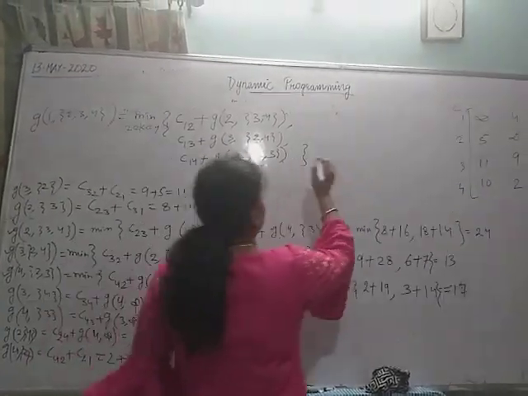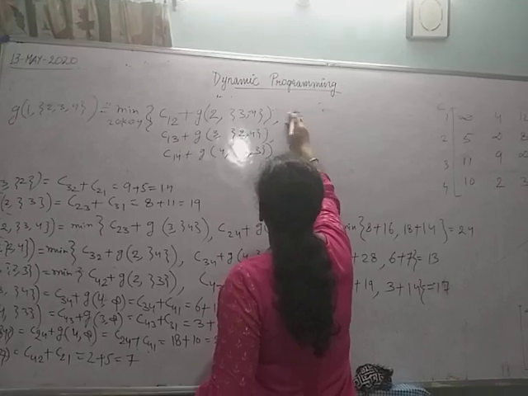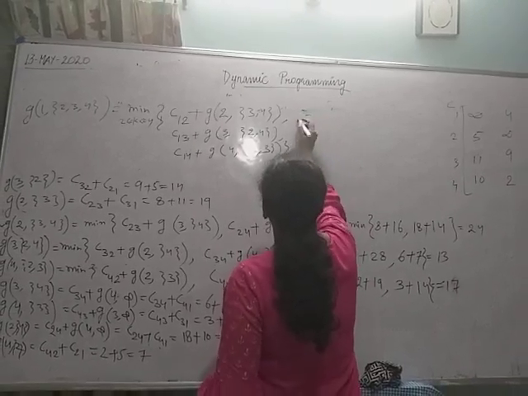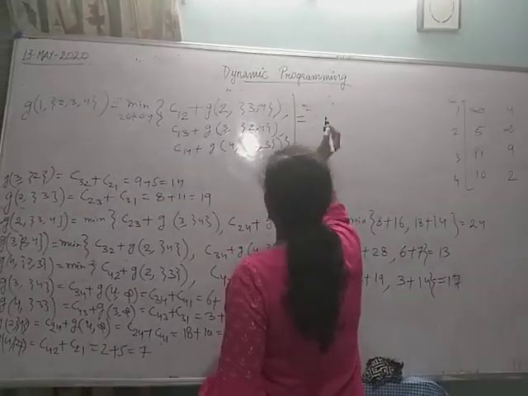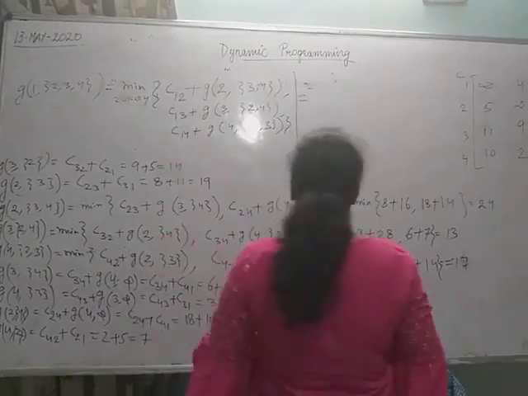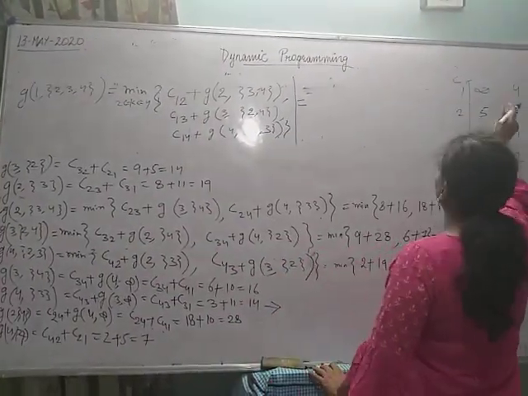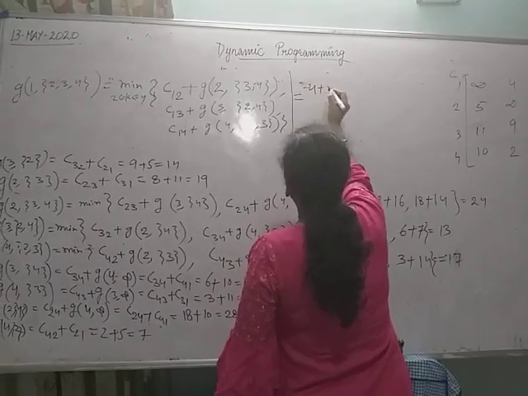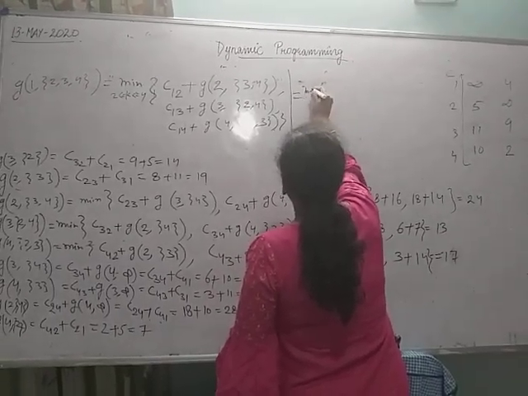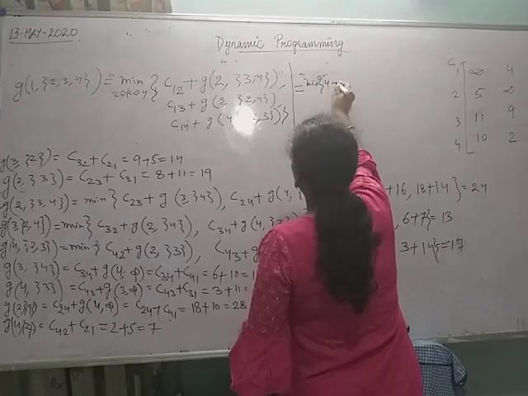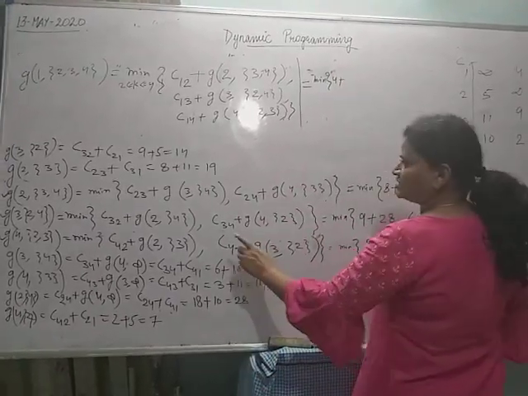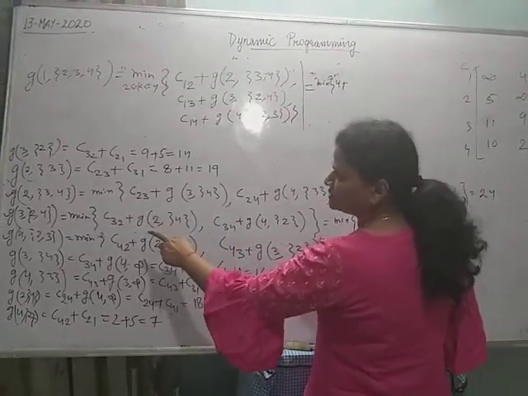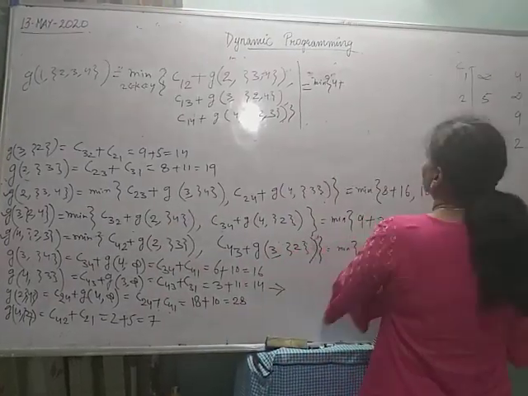So now I am solving here. Okay. So see this one. C12 is what? 1 2 is 4, the first entry, 4 plus G234 is 24.